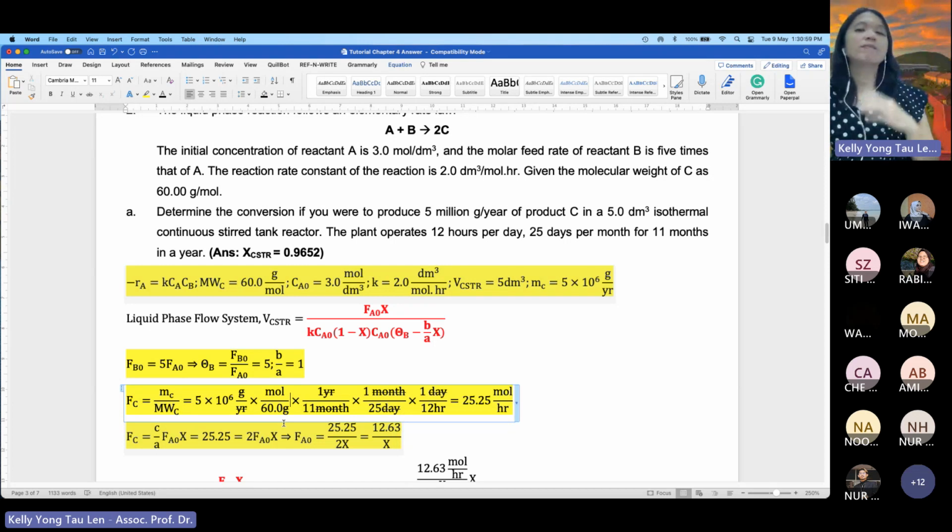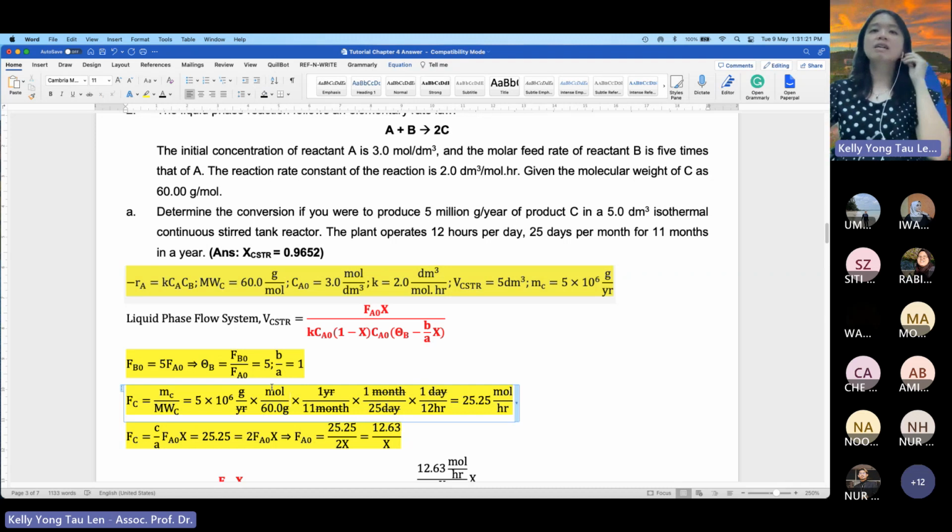Okay, kamu tahu kamu boleh buat pembatalan unit. Okay, so if you divide by molecular weight, maka akan menjadi darab dengan 1 per 60, maknanya 60 gram di bawah, mol di atas kan, sebab kita bahagi kan. Okay, so kalau gram di bawah, nombor 60 tu akan ikut gram. So 60 gram di bawah, mol di atas.